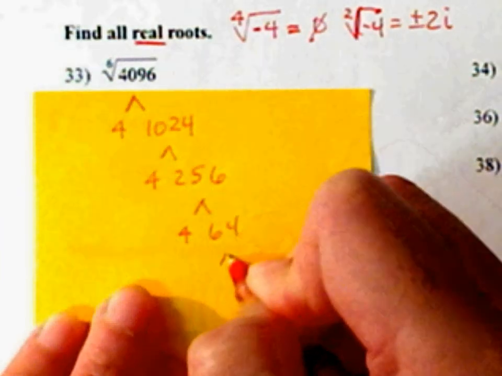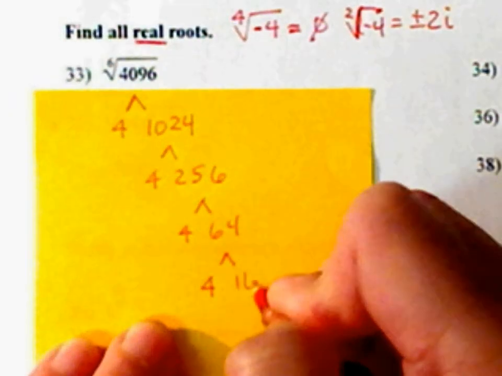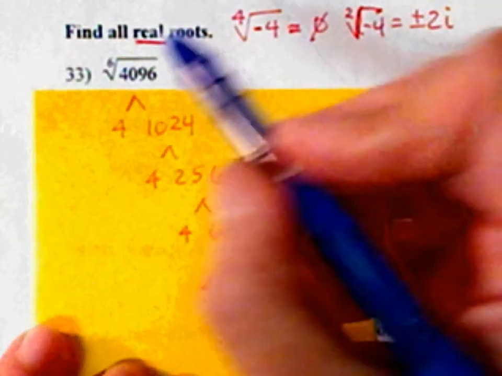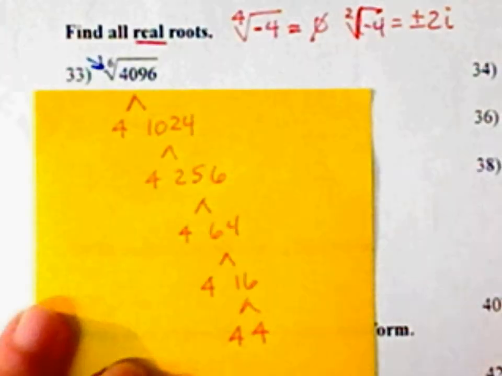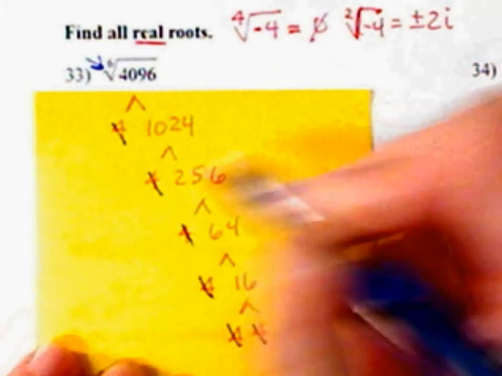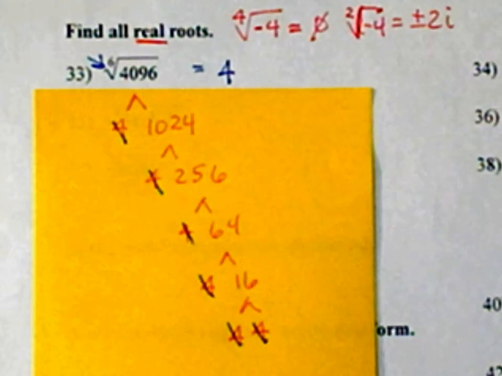Divide by 4, it's the same as 4 times 16, and 4 and 4. You're looking for 6 of a kind, okay? 1, 2, 3, 4, 5, 6. Nothing left over, so this is the same thing as 4. Plus or minus 4, if you really want to be correct, okay?